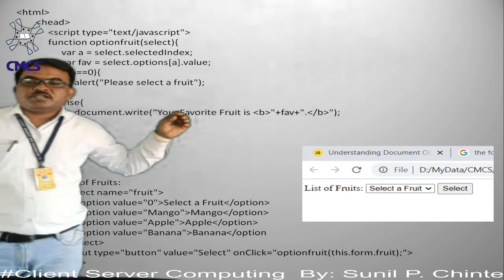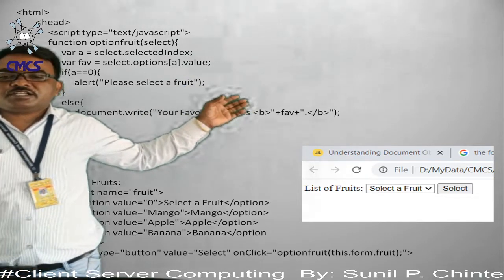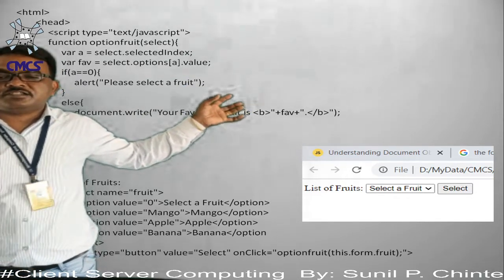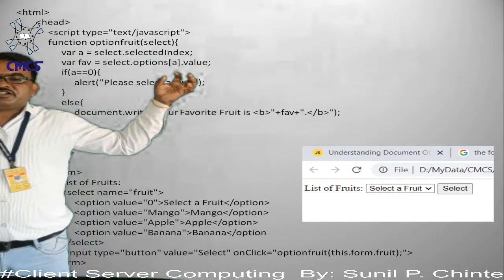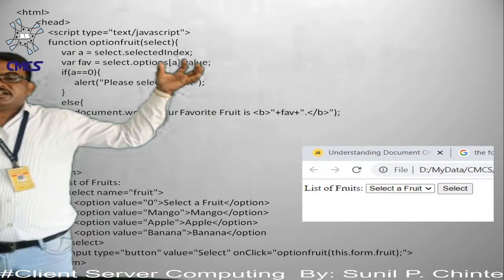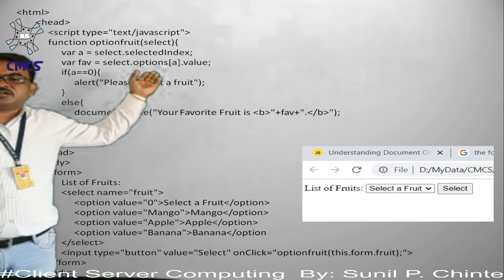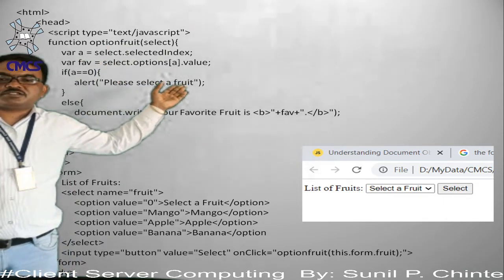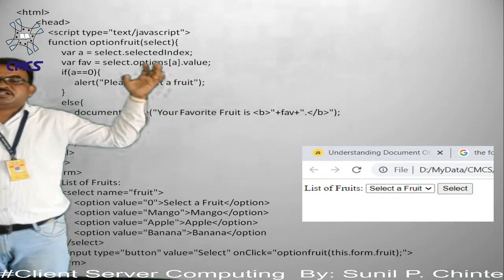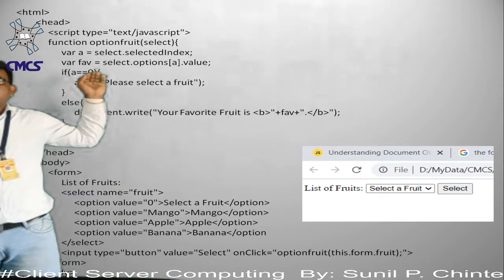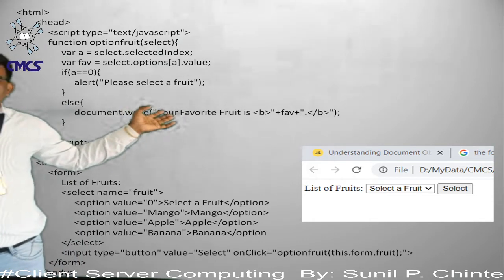Here the selectedIndex, I already told you, returns the index value. selectedIndex will return the selected option's index and it will be held in variable a. Another is the selected option's value, which will be returned into another variable. Okay, here the condition is checked.